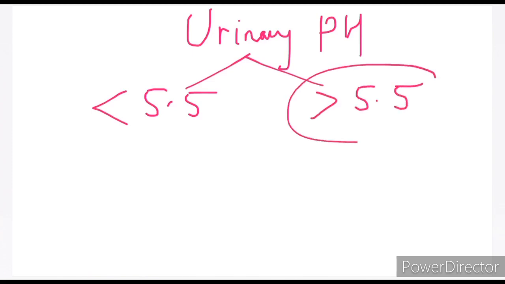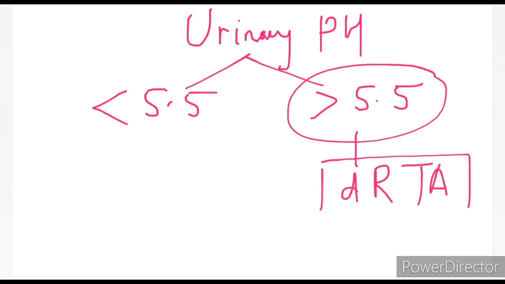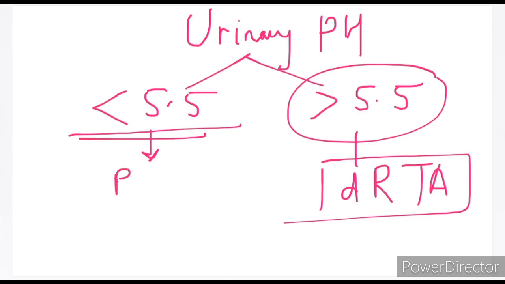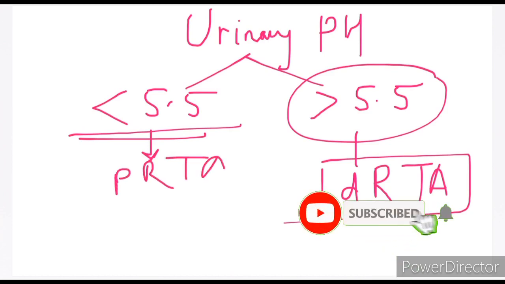If pH is more than 5.5, we have distal RTA. And if we have urinary pH less than 5.5, we have proximal RTA and type 4 RTA.